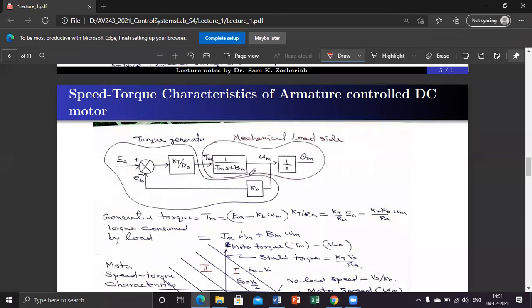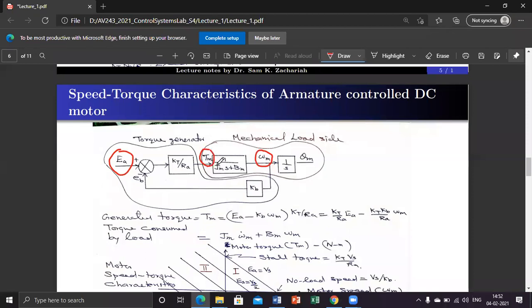So this much portion is the motor torque generation portion. The inputs to the motor are variables. One is the applied voltage across the armature. Another is the shaft angular velocity. Given this shaft angular velocity omega m and the applied voltage across the armature, it produces the torque Tm.